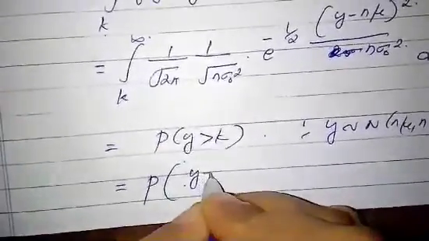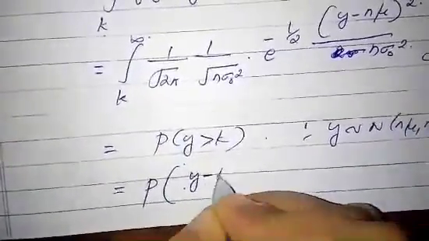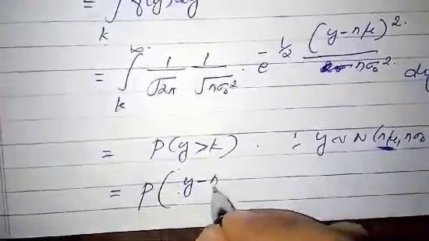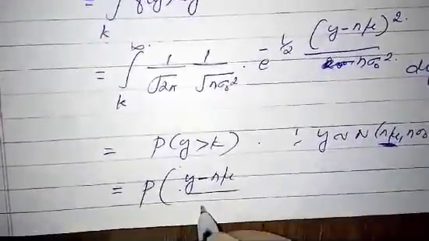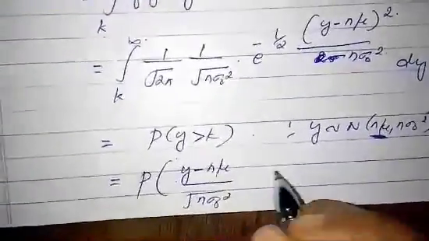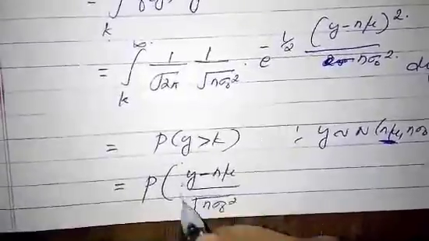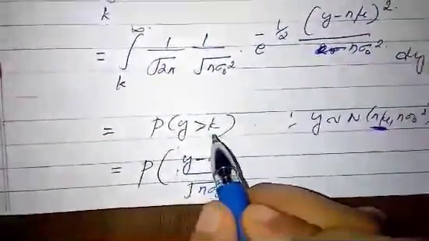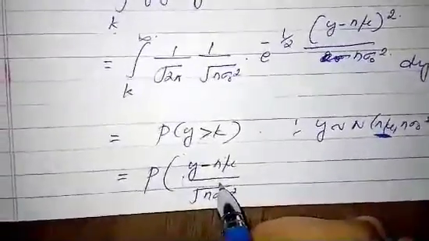By subtracting the mean of that value, that is y minus n mu divided by square root of n sigma naught square, this is a standard normal variable: variable minus its mean divided by its standard deviation.